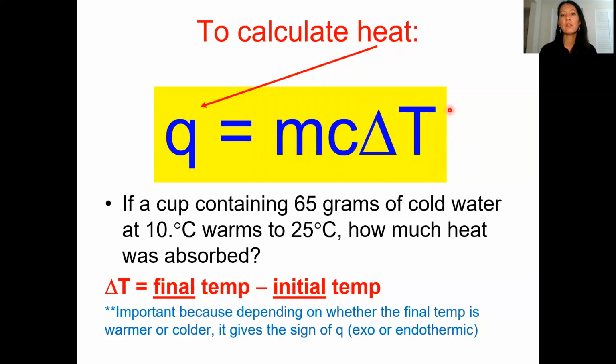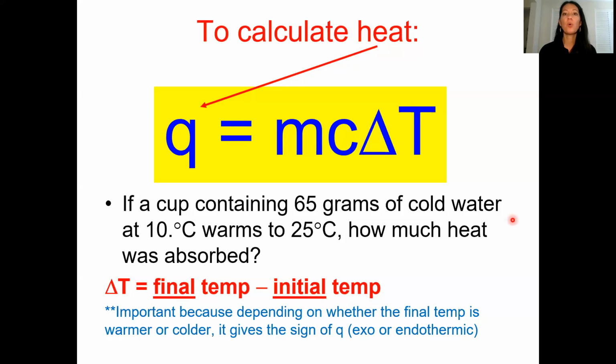So the delta T is a really important piece in this. Again, it's final temperature minus initial temperature. Just recall when we were talking about enthalpy change, delta H, that was also the final energy minus the initial energy.